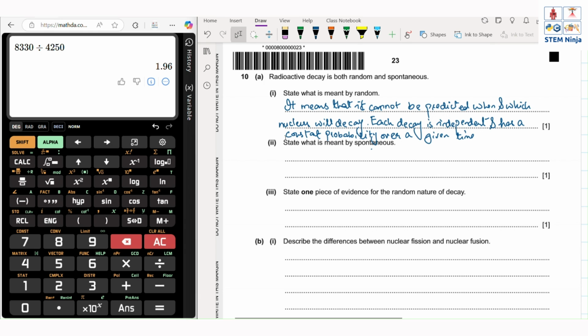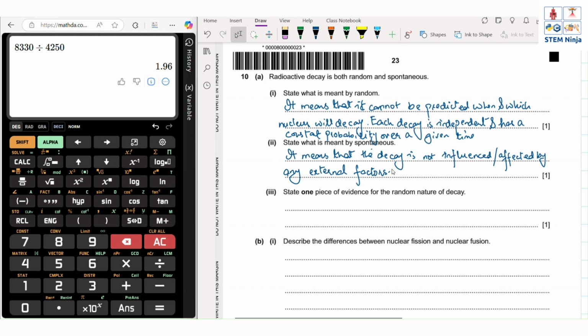State what is meant by spontaneous. That means that the decay is not influenced or affected by any external factors.